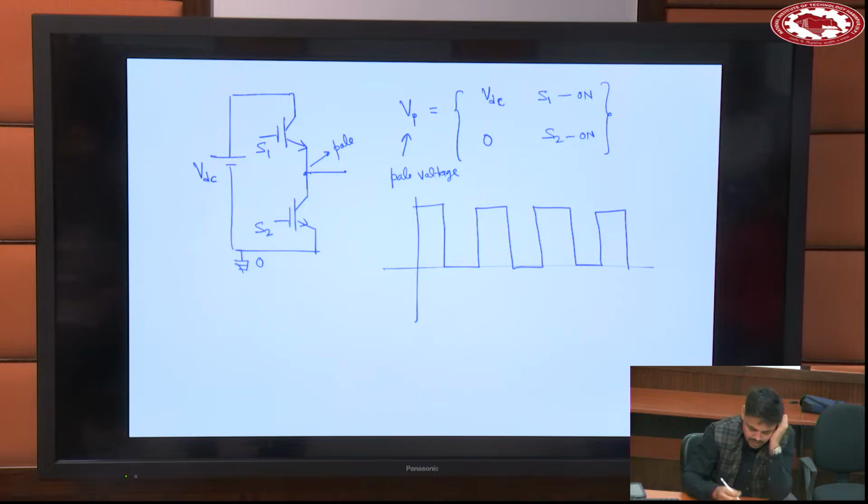So now you need to control this on time to get the required average value.